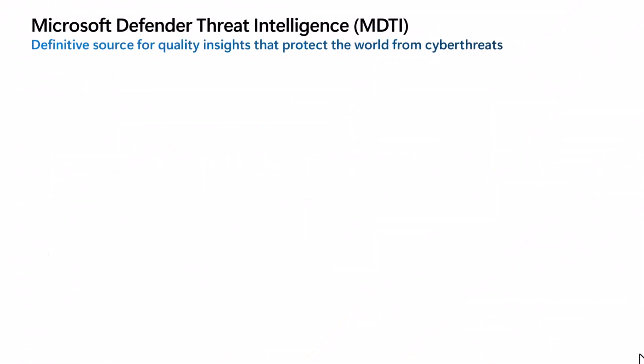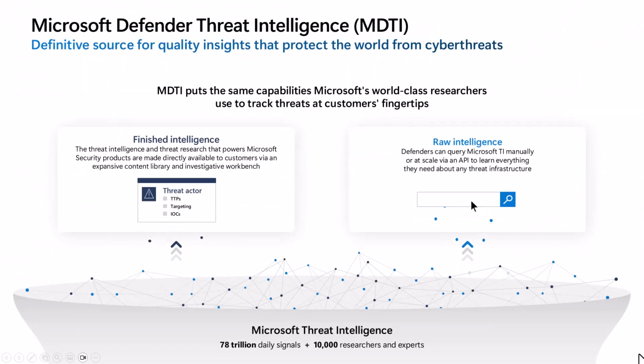Okay, let's dig a little deeper into the value that MDTI provides. The primary value it offers is providing you with a vast amount of up-to-date, relevant intelligence at your fingertips. This can be categorized into raw intelligence and finished intelligence. MDTI telemetry captures over 78 trillion security signals.